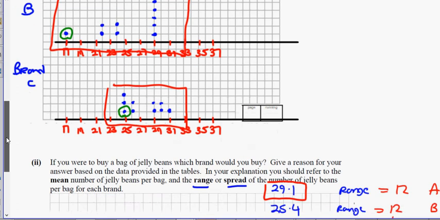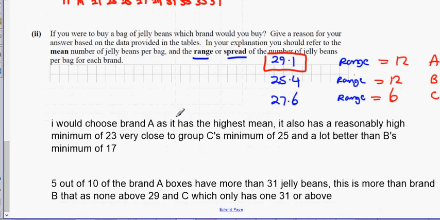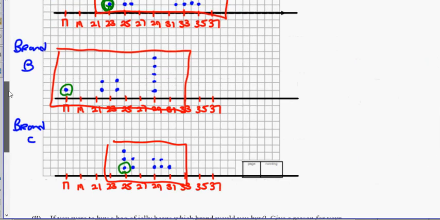So here's what I said. I choose brand A as it has the highest mean. It has a reasonably high minimum of 23. Very close to group C's minimum of 25. And a lot better than B's minimum of 17. 5 out of 10 of the brand A boxes, what do I mean by 5 out of 10?